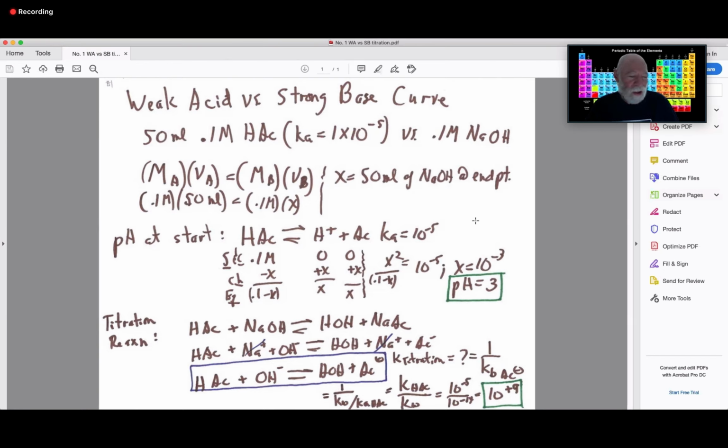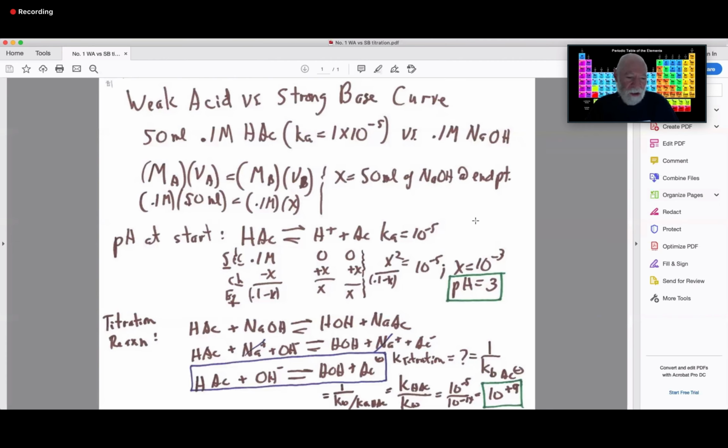Okay, now the start is a little bit more difficult in a weak acid because you have to do a weak acid equilibrium problem. So the weak acid, acetic acid, is going to break up into hydrogen and acetate, and you're given the Ka of 10 to the minus 5. Okay, the start step is you're given 0.1 molar acid, and because of the small K, notice that's also the completion step.